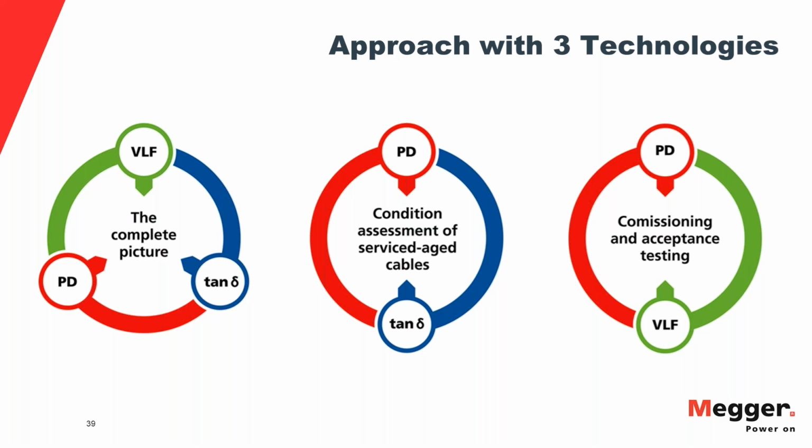IEC still says all the testing has to be done to operating voltage. IEEE has a loophole. It says you can, for the VLF withstand, deviate from the U0 to whatever operating voltage you have in place. So let's say if you have a 15 kV cable, U0 is 8.7, but you operate at 7,200 instead of 8,700, right?